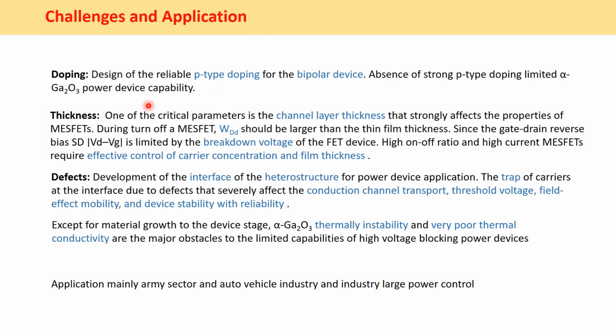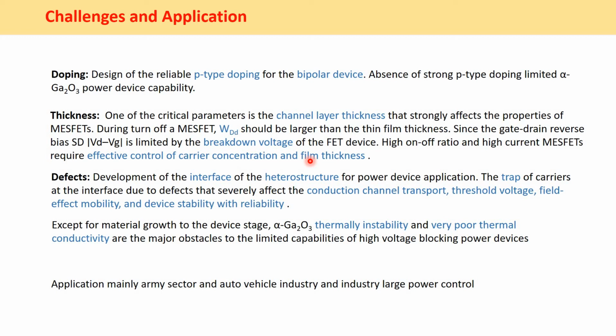Normally for alpha gallium oxide, the defect nature behaves as n-type conductivity. So p-type doping is still very challenging and a question in the scientific community, and it is required to develop a bipolar p-n junction device. The absence of p-type doping limits the alpha gallium oxide power device capability.